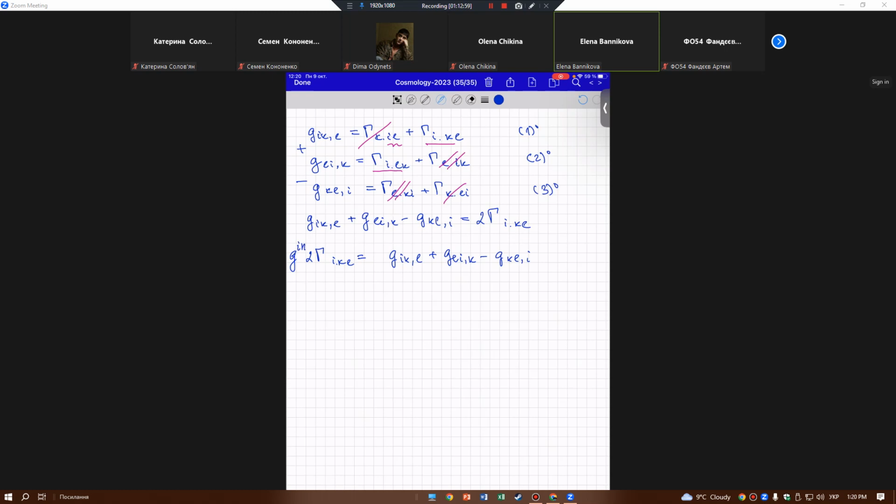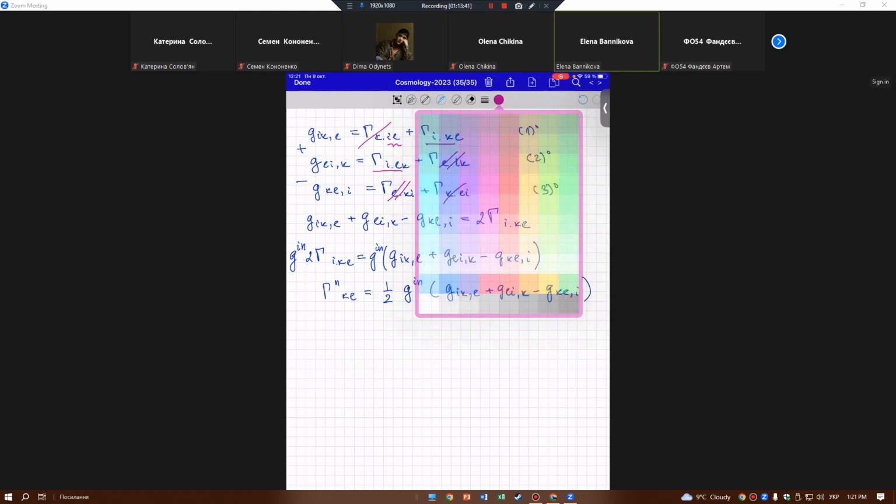I want to make index I on the top. So it means here I also need to do like this. Finally, I will have from the left side gamma^N_{KL} equal one half g^{IN}, and here minus g_{KLI}.